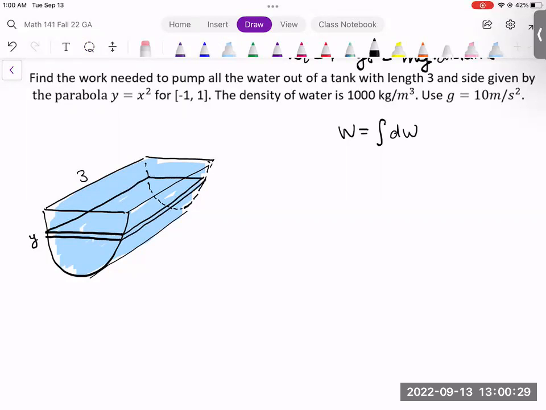And we're going to assume that this is a slab of water at height y with thickness dy. So it's going to be really, really thin.